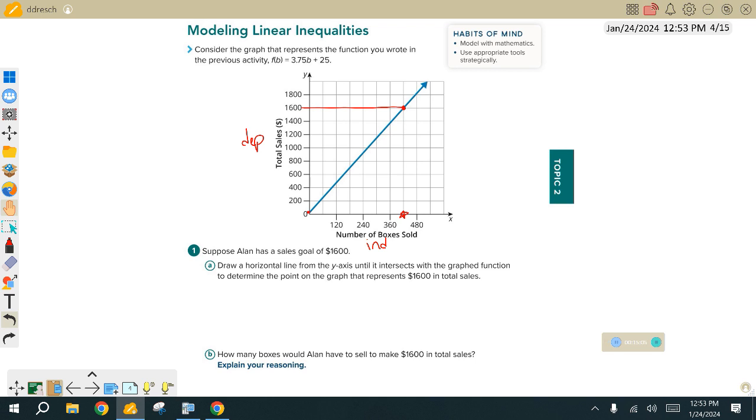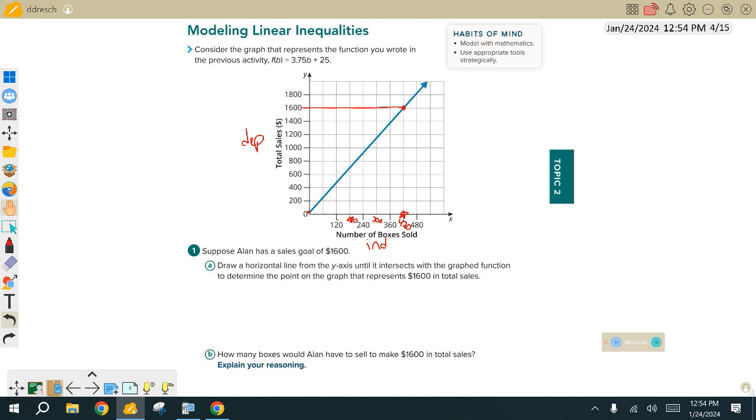These are split into 60s. So to go from here to here, that's a 60. So that's a 180. This is a 300. 360 plus 60. 420. Okay. So with that, when we drop it straight down, we've done this problem before.